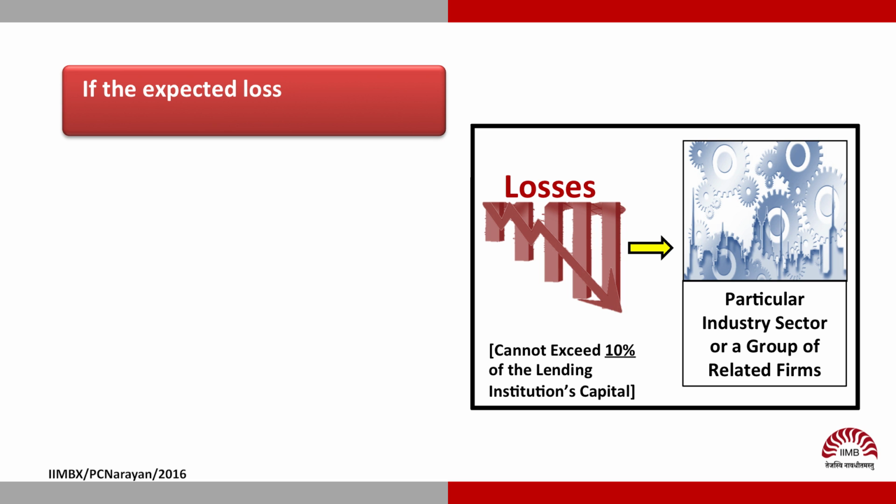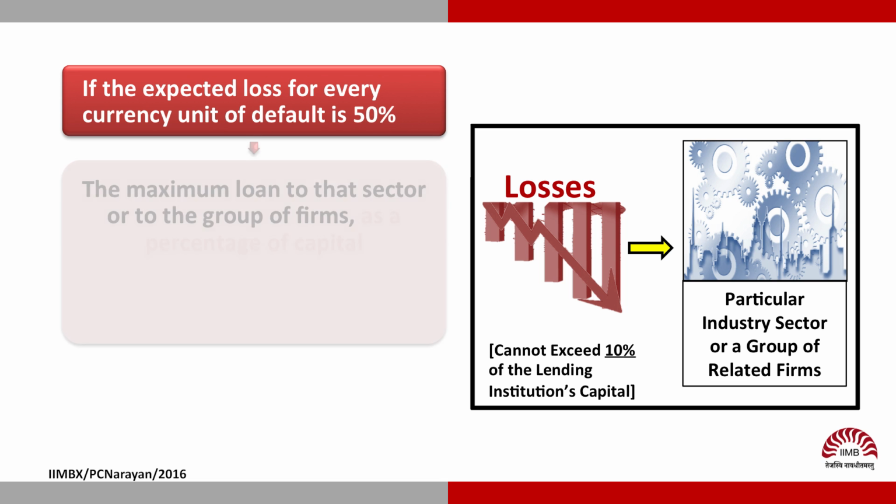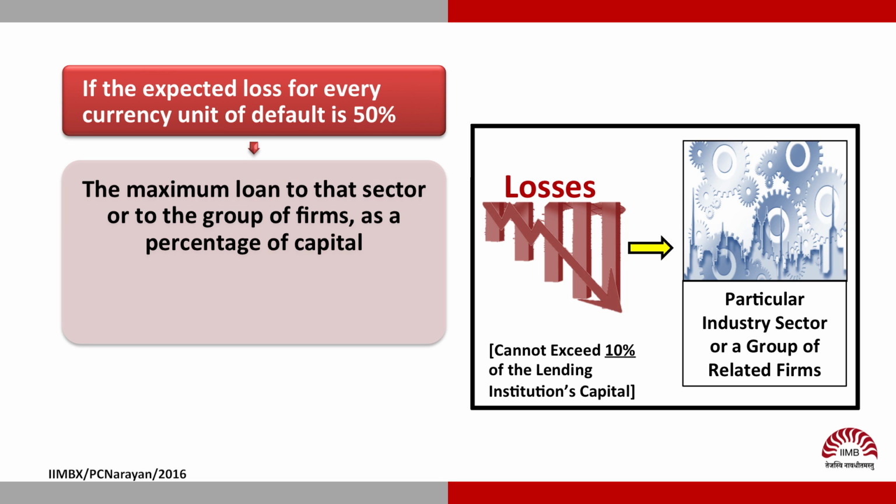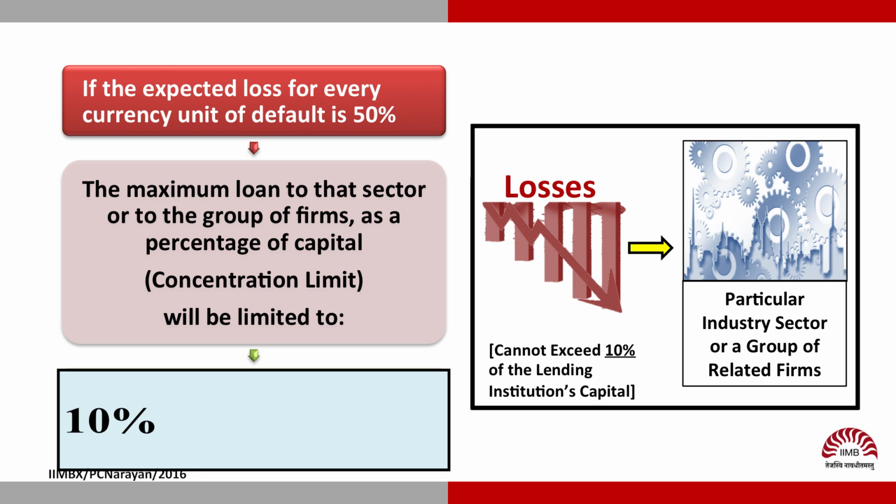If the expected losses based on past data for every currency unit of default in that sector or in that group of loans is, say, 50%, the maximum loan to that sector or to the group of firms as a percentage of capital, that is, the concentration limit, will be limited to 10% into 1 upon 50%, which is equal to 20%.